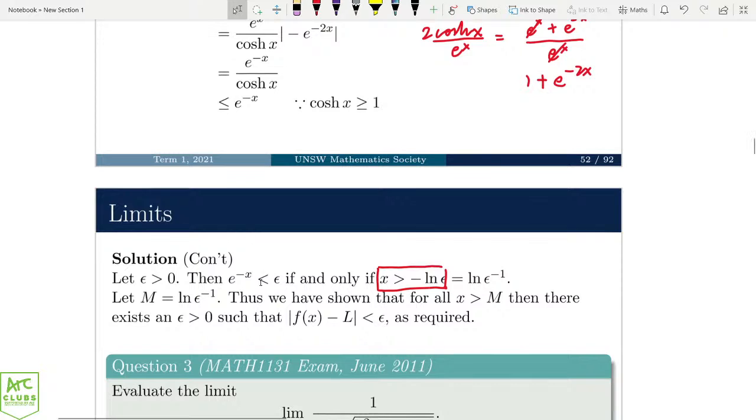So you move the negative x down. So now what we've established here is that if our M is equal to the log of epsilon to the power of -1, then we've successfully shown that for all x greater than M, so this value here, then there exists an epsilon greater than 0 such that this value is smaller than epsilon, which is our definition of limits at infinity.